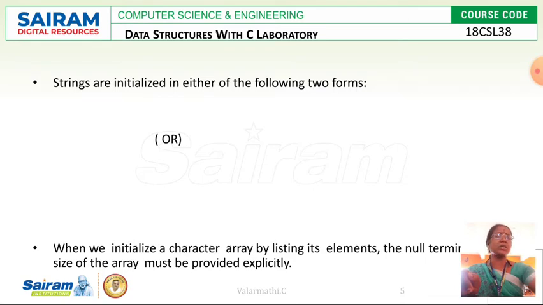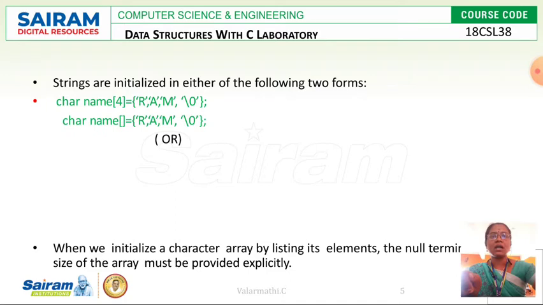There are many variations in the initialization of strings. First, char name[4] equals, within curly brackets, individual characters given as array elements, for example 'R', 'A', 'M', and it should close with the symbol \0.